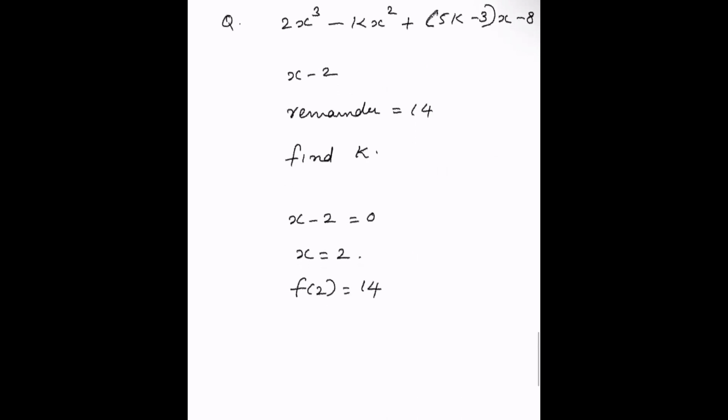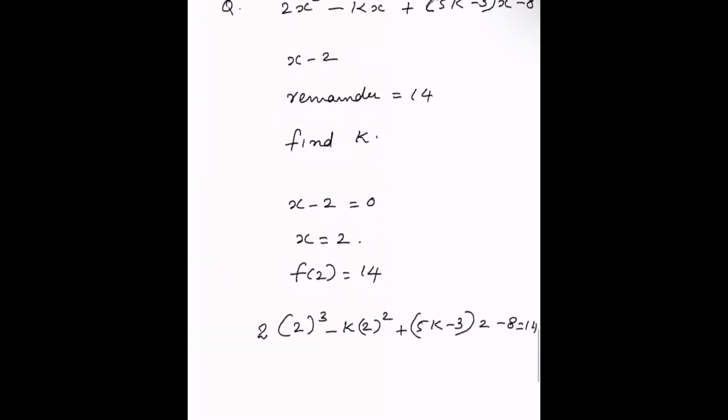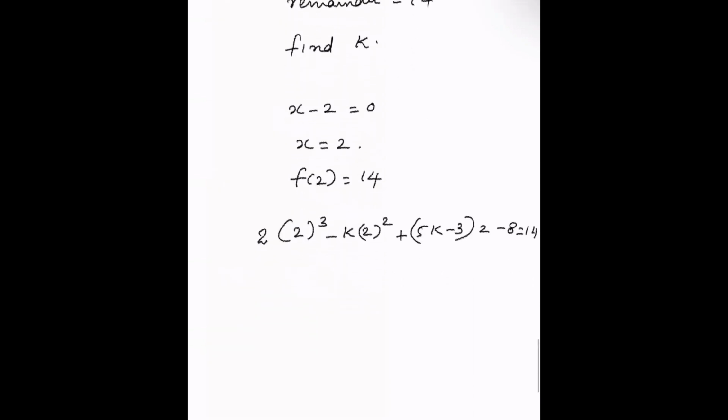That's all. So 2 into 2 cube minus k into 2 square plus 5k minus 3 into 2 minus 8 is equal to 14. You have to equate it with 14. This gives me 16 minus 4k plus 10k minus 6 minus 8 equal to 14.